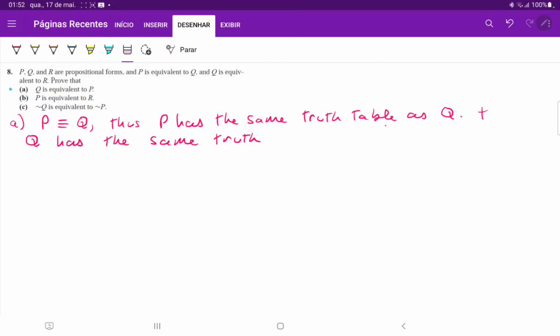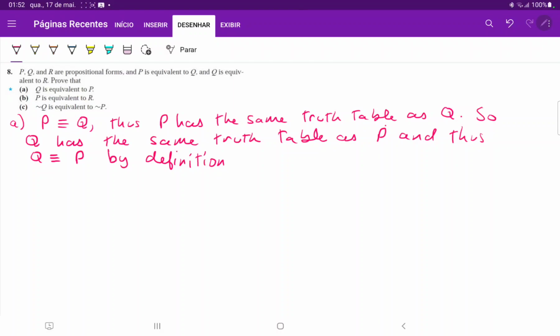Actually, and I should have said so, that's more precise. So Q has the same truth table as P, and thus Q is equivalent to P by definition.